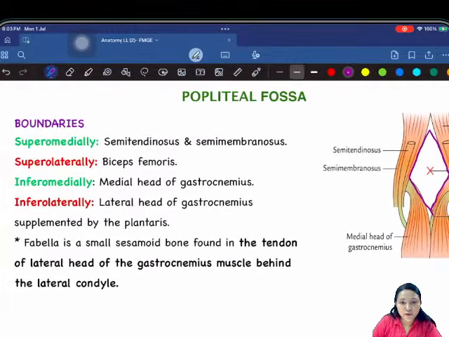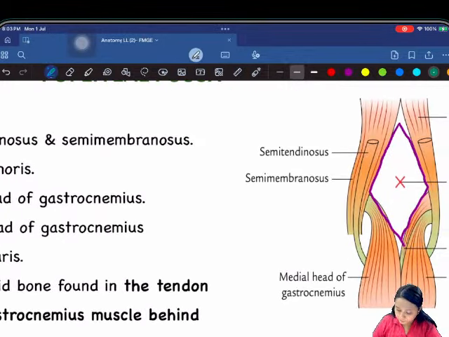Superomedially you have a tendinous muscle, the semitendinosus, and then another muscle which is a little bit membranous, the semimembranosus.